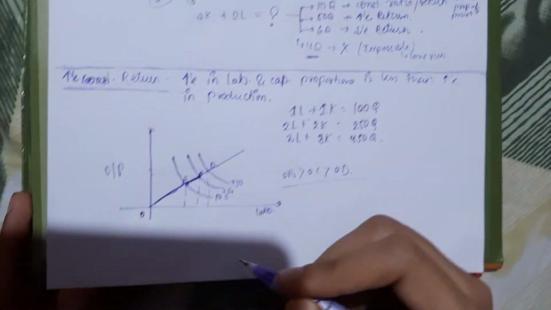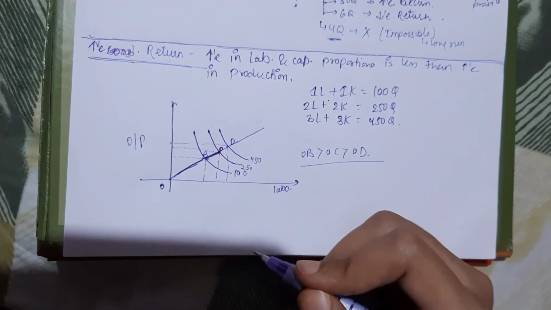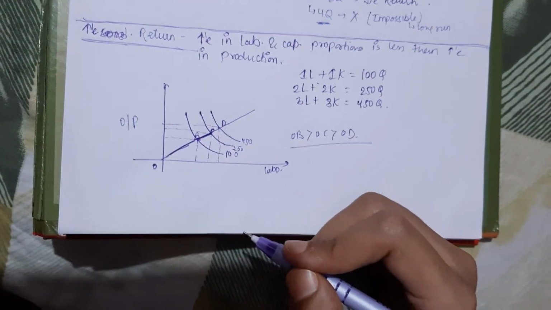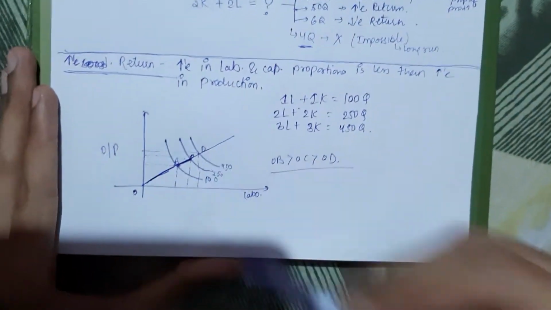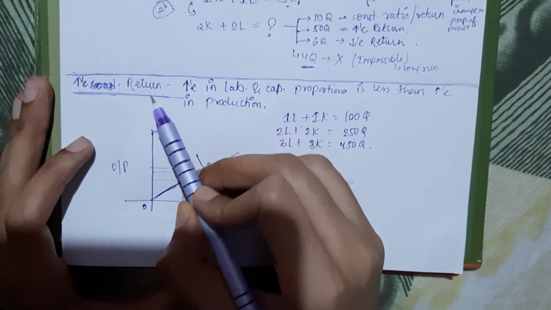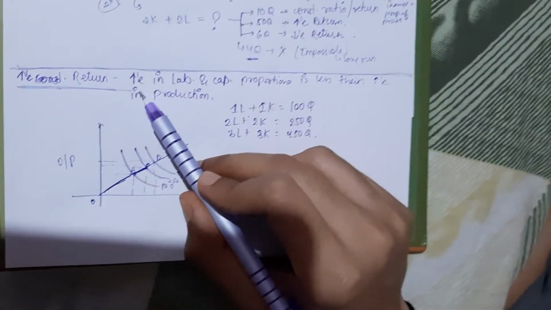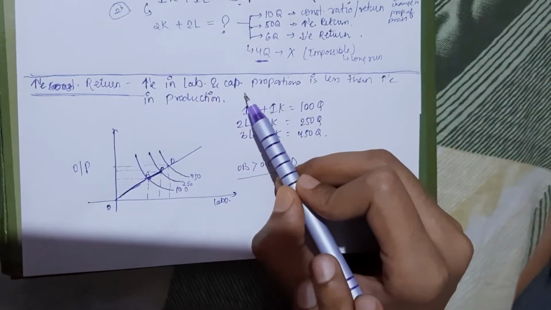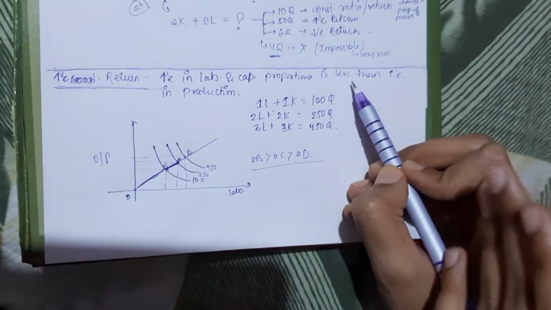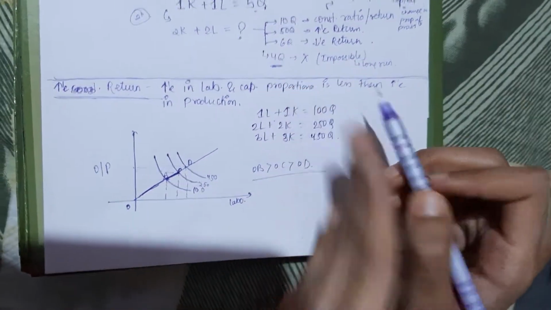Let's study the graph of the law of return to scale. So the first graph is increasing return. In this case, the increase in labor and capital proportion is less than the increase in production.